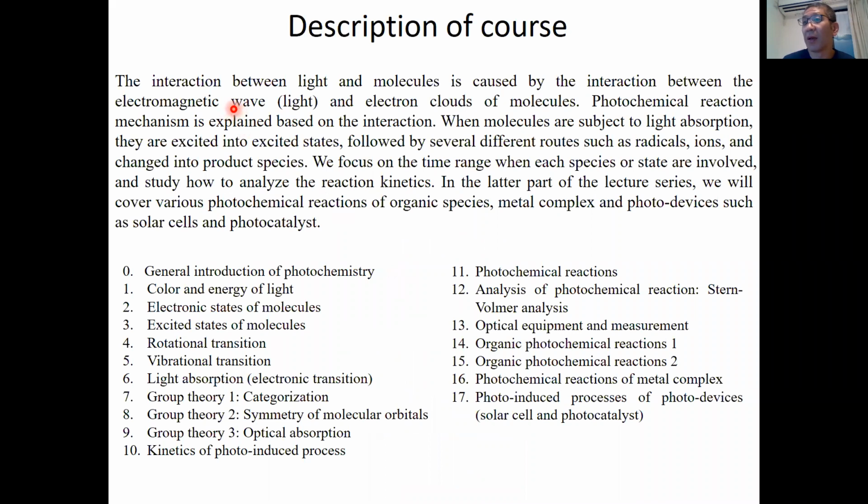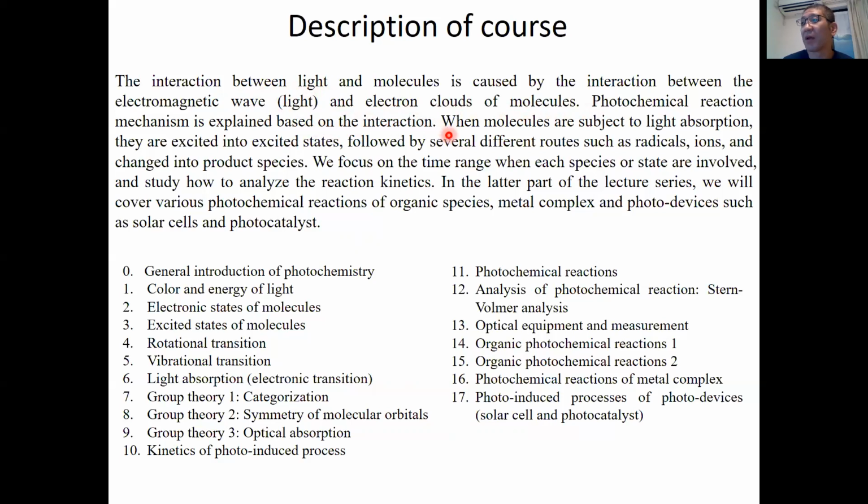So at first, the interaction between light and molecules is considered. The light initially interacts with the electron cloud of molecules, and various photochemical reaction processes are explained based on this interaction.